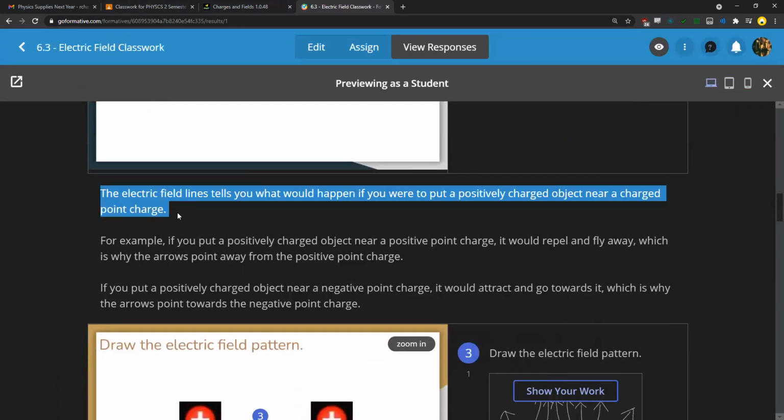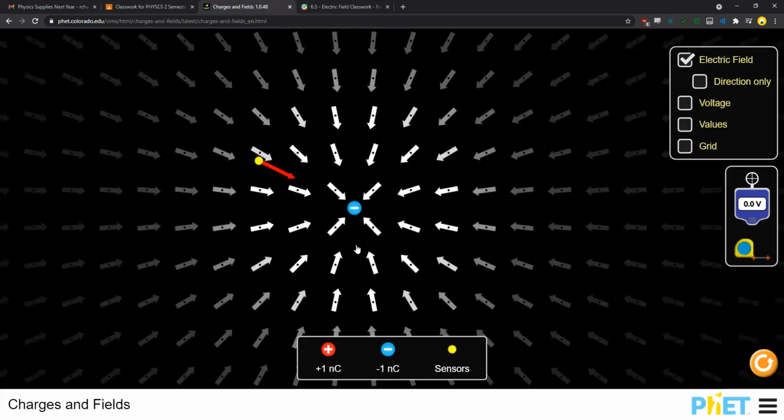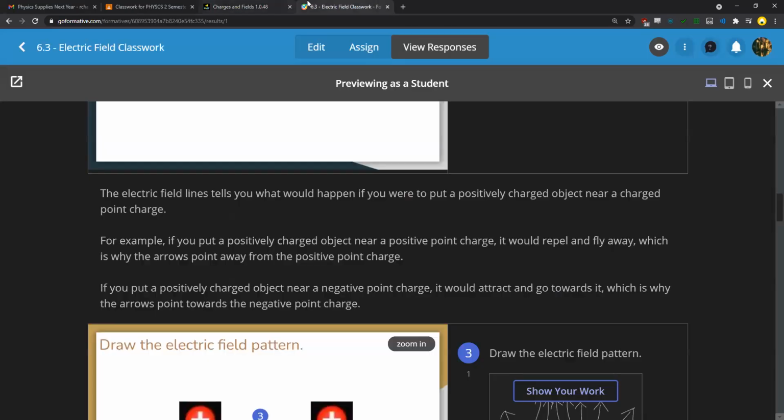The electric field lines tell you what would happen if you were to put a positively charged object near a point charge. For example, if you were to put a positively charged object near a positive point charge, it would repel and fly away, which is why the arrows point away.